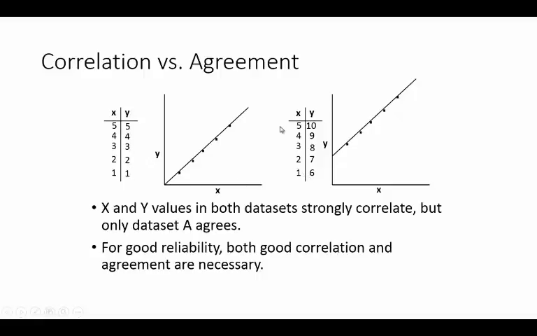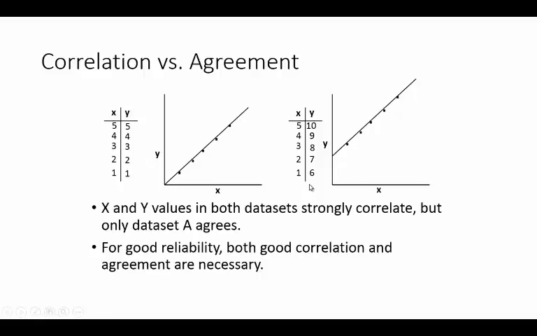If you look at this data set, the X and Y, this is 5, this is 10, 4, 9, 3, 8, 2, 7, and 1, 6. There is some correlation between these two numbers, but there is no agreement between them as you can see.